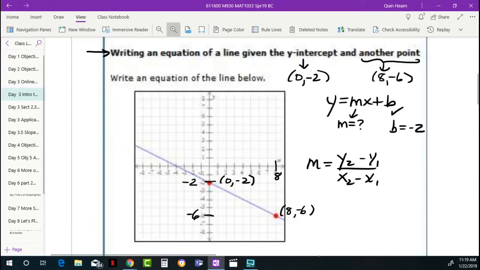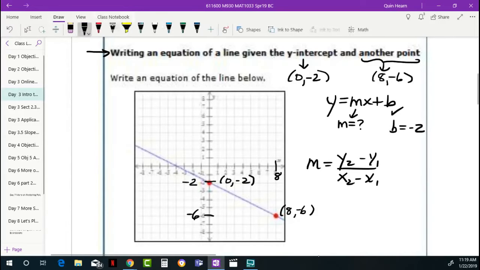All right, so let's say that we think of 0, -2 as our x1, y1, and 8, -6 as our x2, y2. Then plugging in, we're going to have -6 minus -2 divided by 8 minus 0.